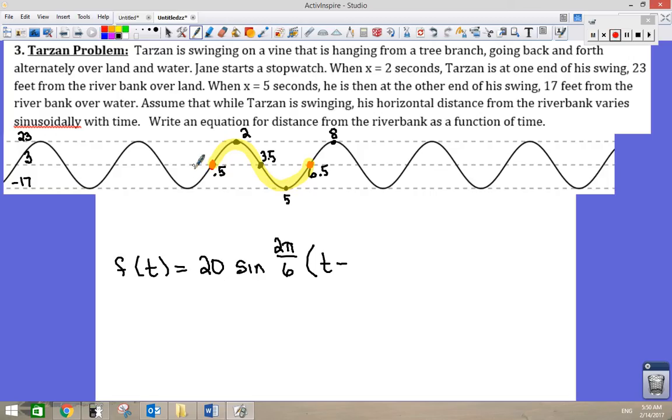We've shifted it to the right, so that's a subtraction. And the center line is 3. And 2 divided by 6, we can write this as pi over 3. Reduce this as pi over 3, and we're done.